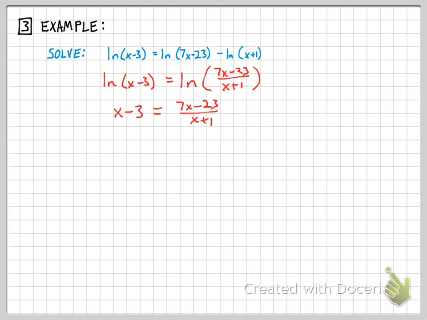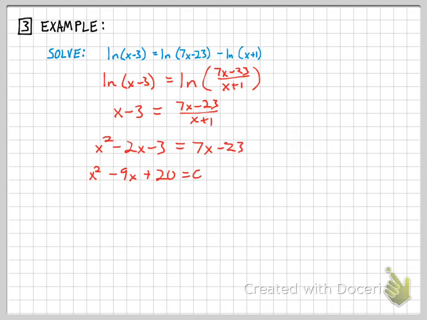Cross multiplying here gives me a quadratic, x squared minus 2x minus 3, equal to 7x minus 23. Again, I have to solve a quadratic by moving everything to one side. Subtracting 7x is going to give me a minus 9x, and adding 23 is going to give me a plus 20.